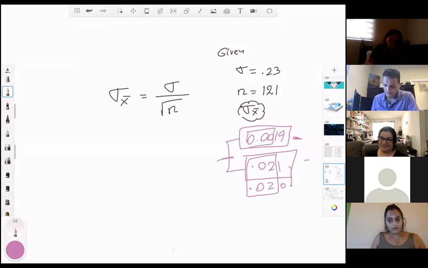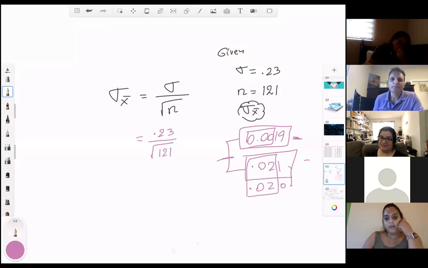But here, what we do, we just substitute first. We're gonna plug in 0.23 divided by radical 121. So we see radical at the beginning, we just don't want to use a calculator. Radical 121, we can ask Musa, he knows there's a perfect square, that's 11, correct, Musa?